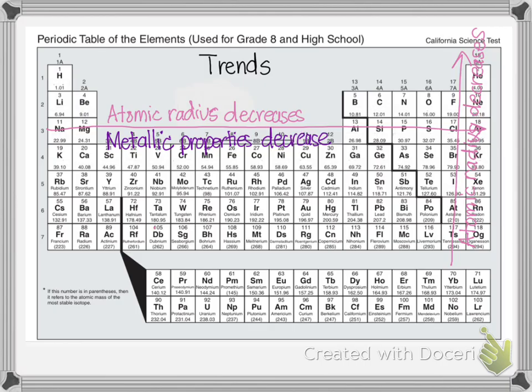So the radius and the metallic properties have a similar trend. And then the last trend is ionization energy. And ionization energy is the opposite. It has an inverse relationship with these. And ionization energy increases.